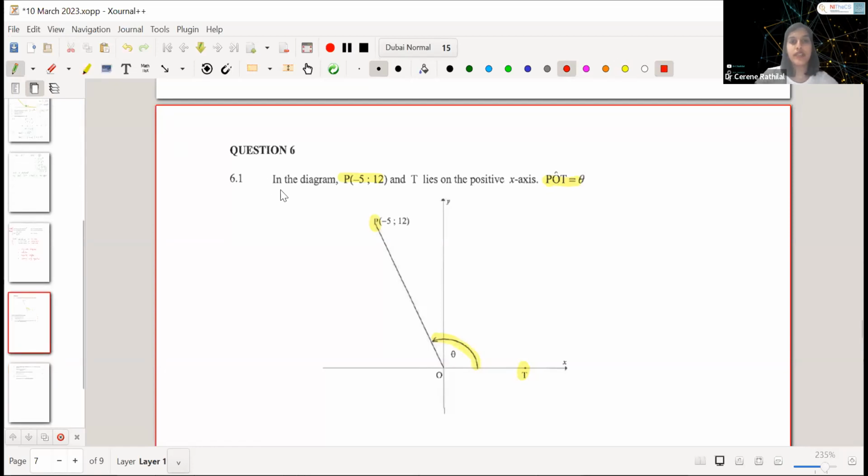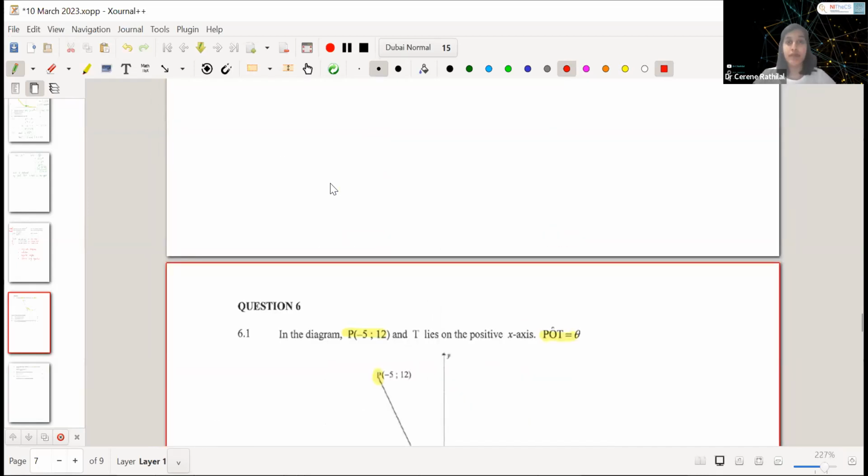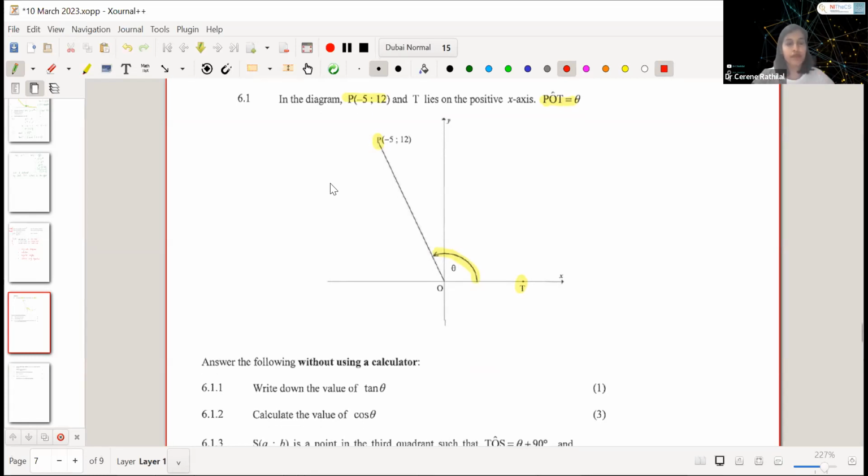The question then says, and when it comes to a question of this type, this is always asked, so you should expect to receive this in the exam now, in the mid-year exam, as well as your trials and your finals. Something of this type always appears. Right, it says, answer the following without the use of the calculator. It says, calculate the value of tan theta.